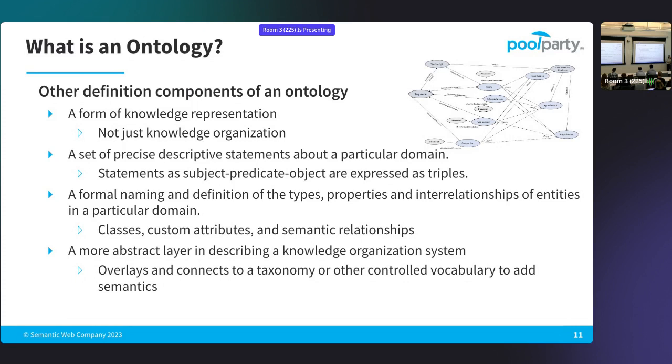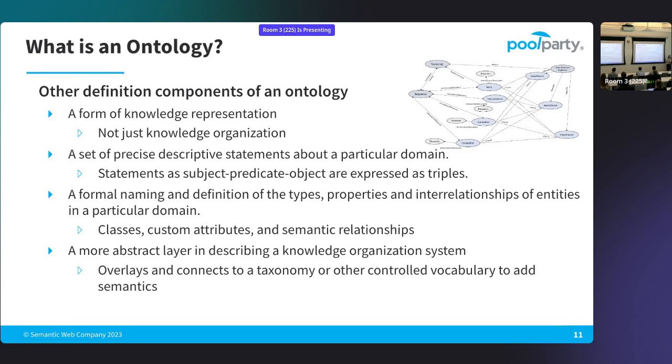And it's based on a collection of descriptive statements, so these would be in subject, predicate, object triples. These are other characteristics of informal naming and definition. Again, the types, properties, and relationships, which are the classes, attributes, and semantic relationships.